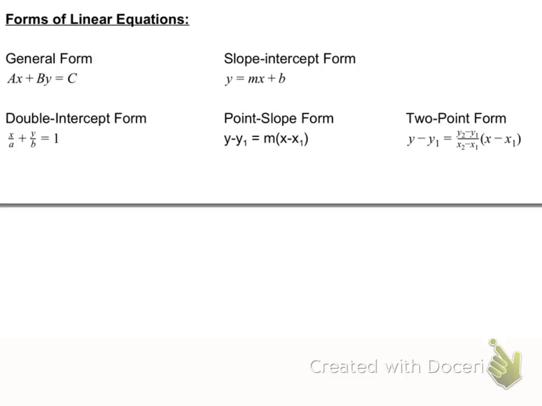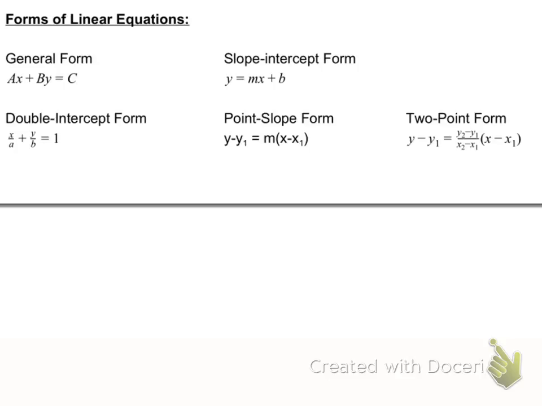Double intercept form, though, guys, gives us 2 intercepts. Well, when you have a line, there are only 2 intercepts: an x-intercept and a y-intercept. Here's the cool thing. A is your x-intercept, B is your y-intercept. And the whole idea is to have the number that the intercept is on the bottom.